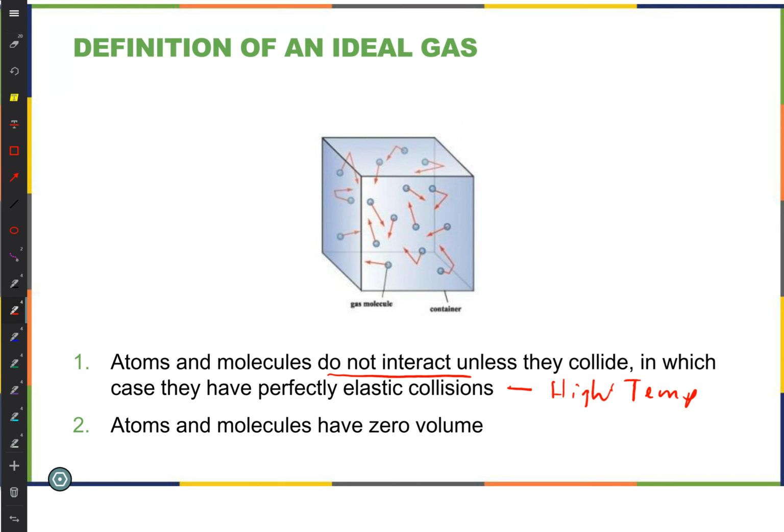So low density is the condition for the second one that we say will approximate. So if I have something that's high temperature and low density, then I can say this is going to behave like an ideal gas. If it's not high temperature and low density, then you have to use, like I said, the Van der Waals equation to treat it more realistically. So that's what an ideal gas is.